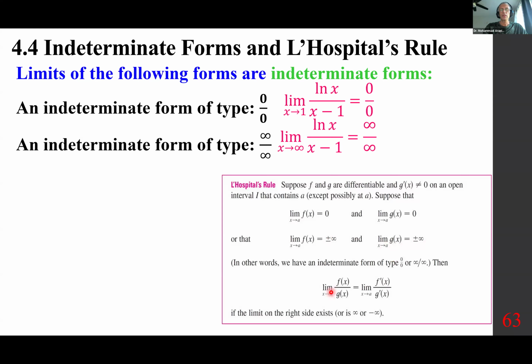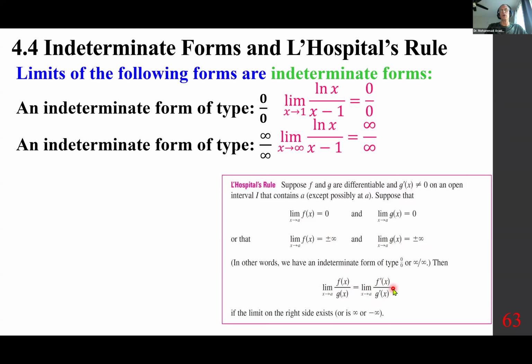Then the limit of f of x over g of x as x approaches a is equal to the limit of f prime of x over g prime of x as x approaches a, of course, if the limit exists.